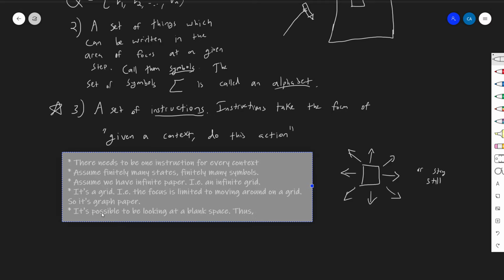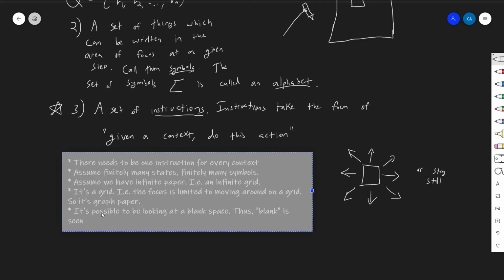Thus, blank is seen as a symbol, which is common to all alphabets. So I'm going to assume that blank is a symbol so that I can interpret these instructions as taking a symbol and a state and then giving an action based on that symbol in that state. I could be looking at a blank space, so I've got to interpret that as a symbol.